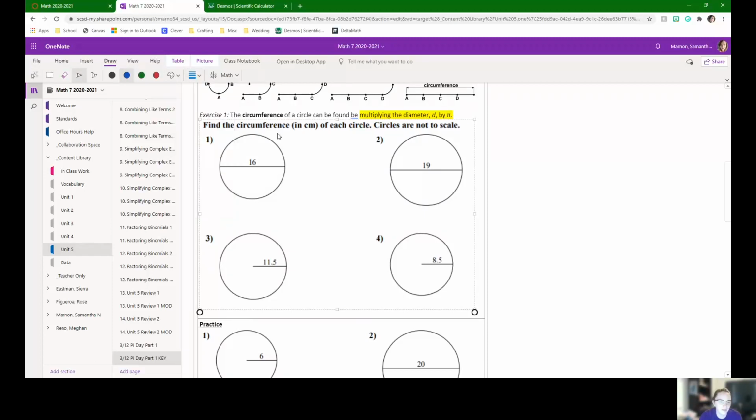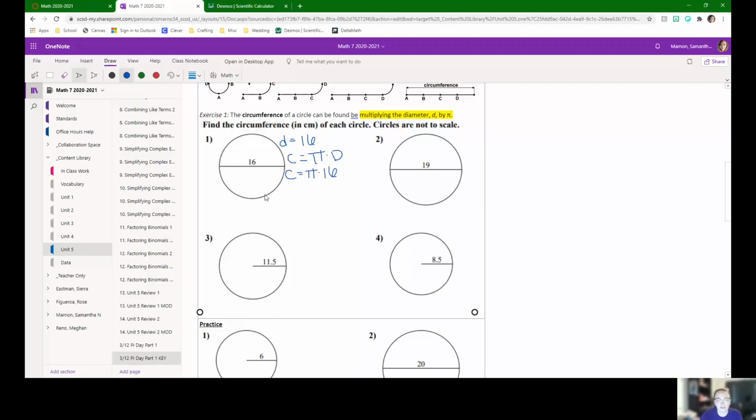Oh, my pen's being a little weird. Diameter is 16. Circumference is pi times diameter. So the circumference of this circle is just pi times 16.